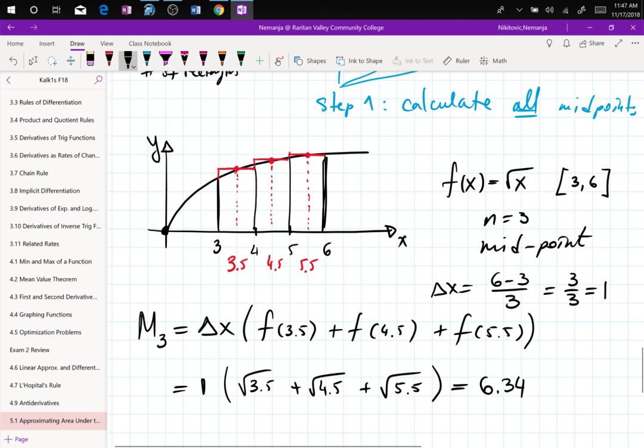Now let's see if this is going to do better than the previous one. I hope it does. We said 3 to 6, right?